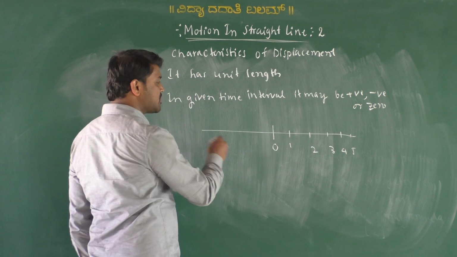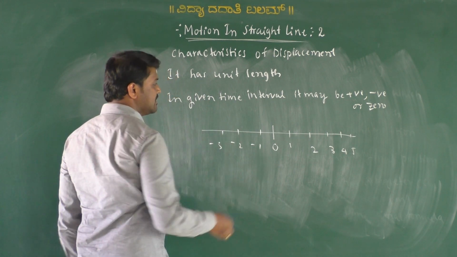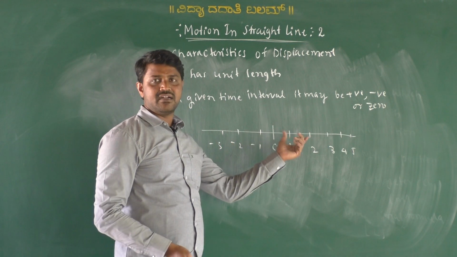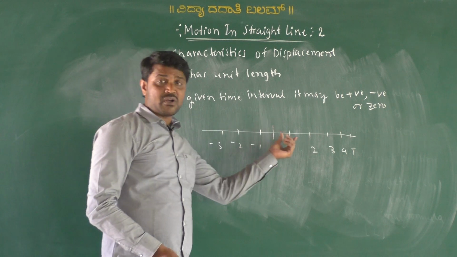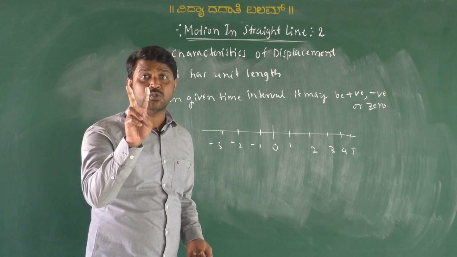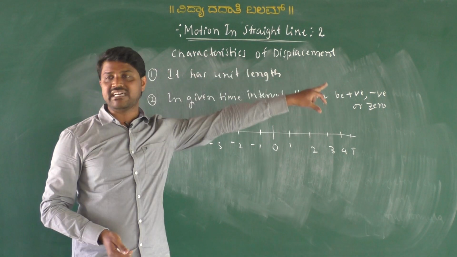The left hand values are called as negative values, -1, -2, -3. Either you can choose with the negative side or right side, doesn't matter. We are only focusing on choosing only the shortest distance between 2 points ತಗೋಬೇಕು. That is going to be called as a displacement ಅಂತ ನಾನು ಕರೆಯಕತ್ತೀನಿ.